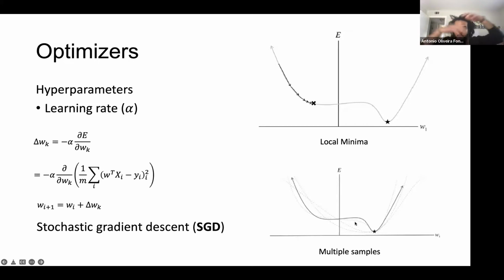If you superpose all these curves, most likely the point of minima for all of them overlaps. So even though you could get stuck for one mini batch, the other mini batch will still push you to converge to the right place. So that's a way that also prevents getting stuck in local minima: using batching.